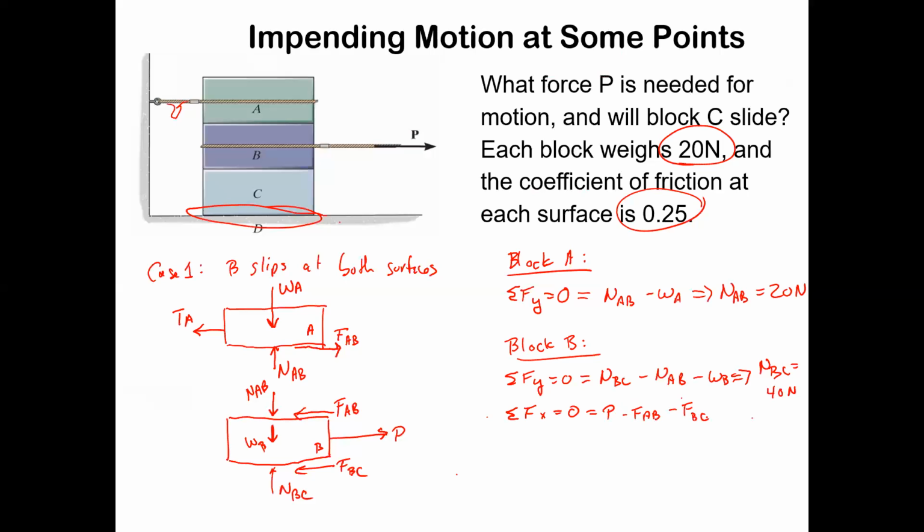Okay, but this is the assumption, right, that B slips at both surfaces. So what do we know about when B slips at both surfaces? What does that help us pin down for the friction forces? If it's slipping at both surfaces, what can we tell about what FAB is? So we're going to make these friction equations.